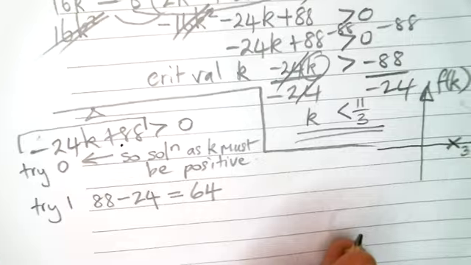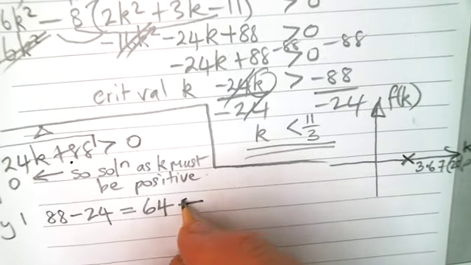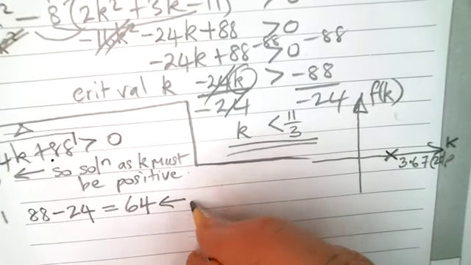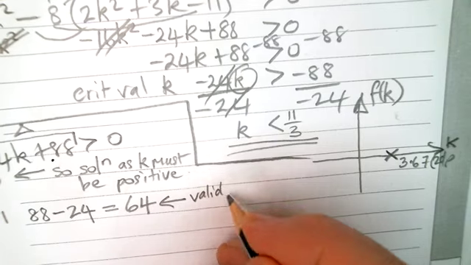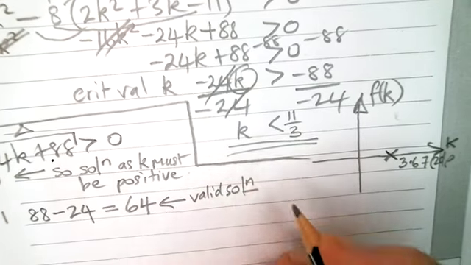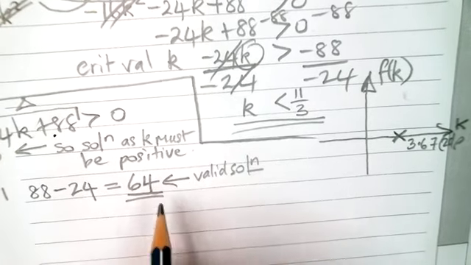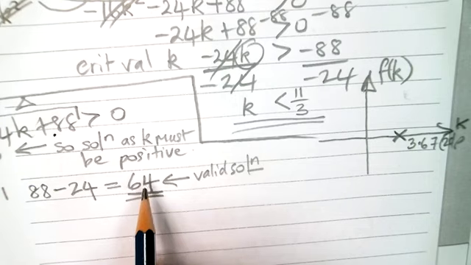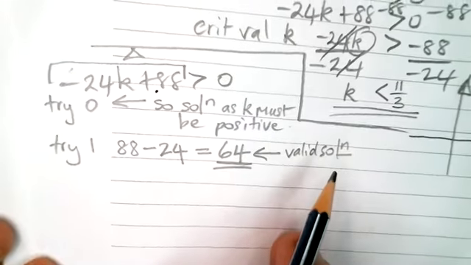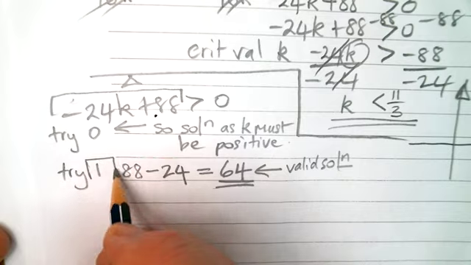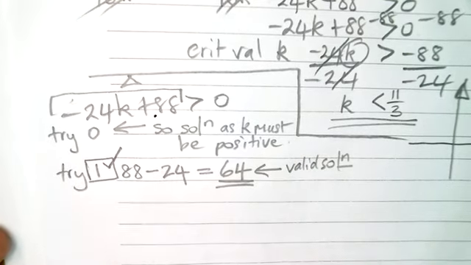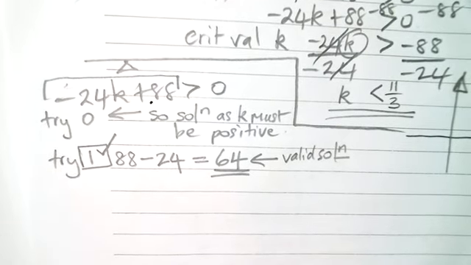So this satisfies both conditions. This is a valid solution. It's a square number and it's a positive integer. So 1, put a tick here, is definitely a solution.